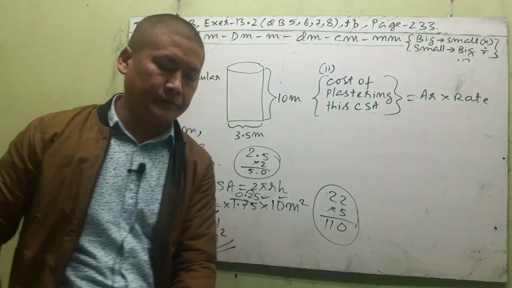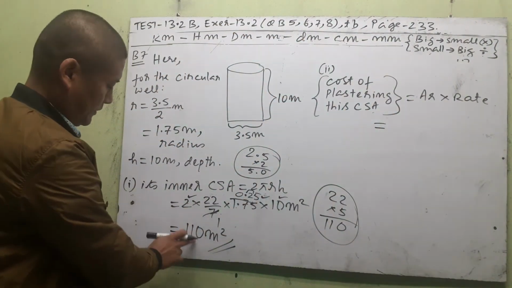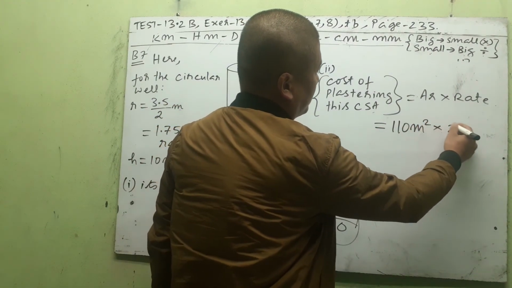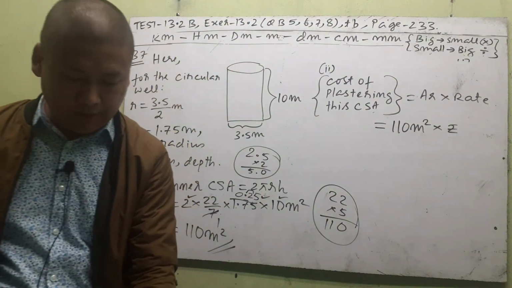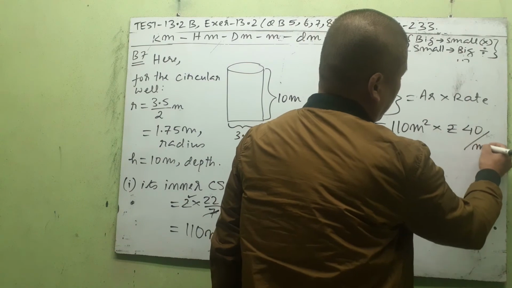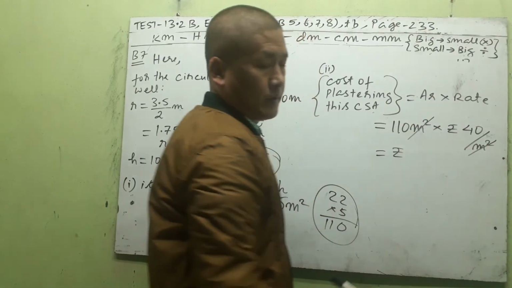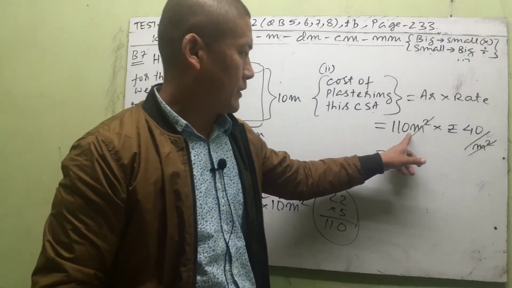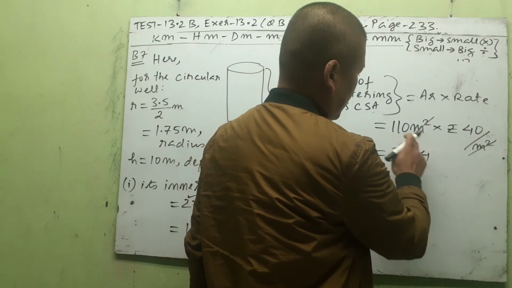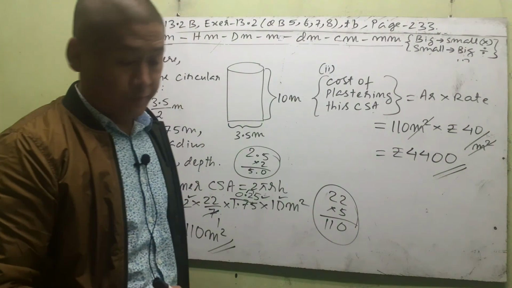We know that, right? So the area for plastering is the curved surface itself, which is here 110 meter square, multiplied by the rate, which is rupees 40 per meter square. So 40 per means divided by meter square. So meter square and meter square cancel, leaving behind rupees, right? Forget about the zeros for the time being, 11 into 4 is 44, and then the 2 zeros, just put them at the back. So 4,400 rupees is the cost.